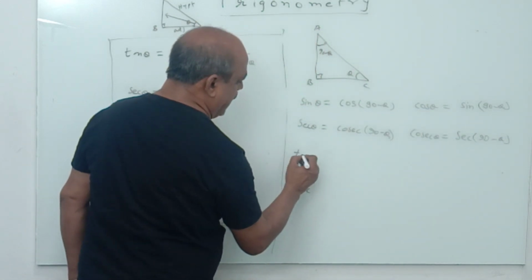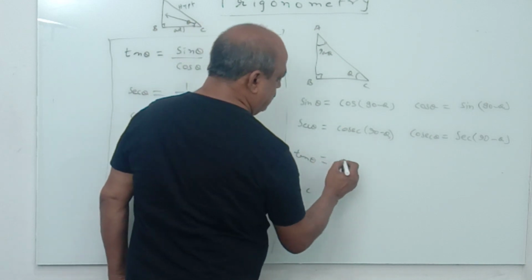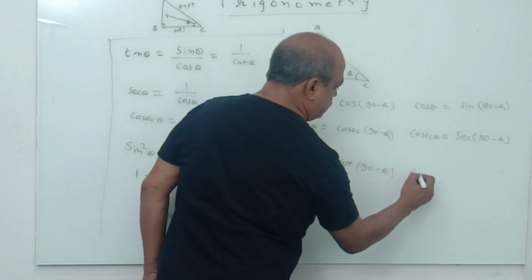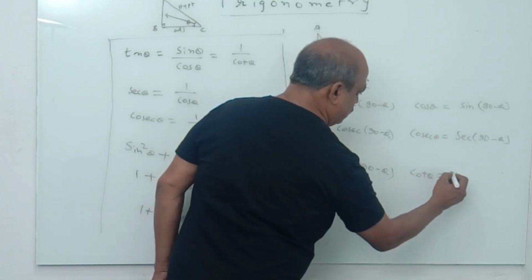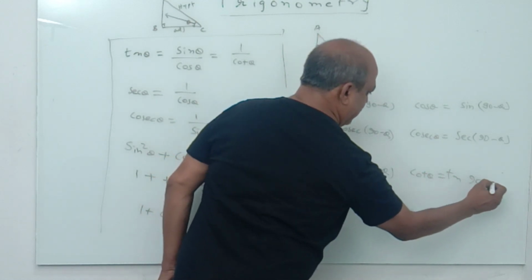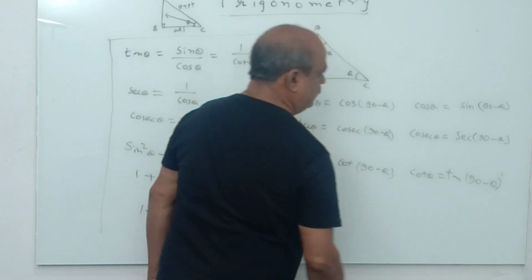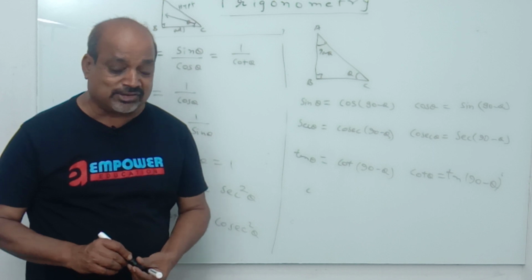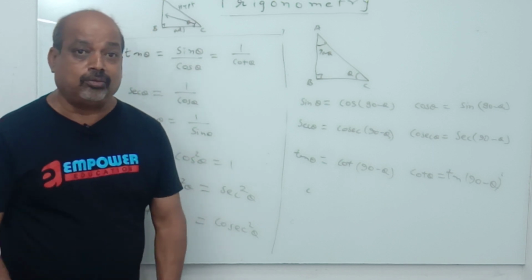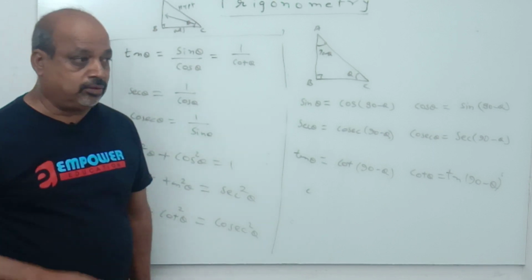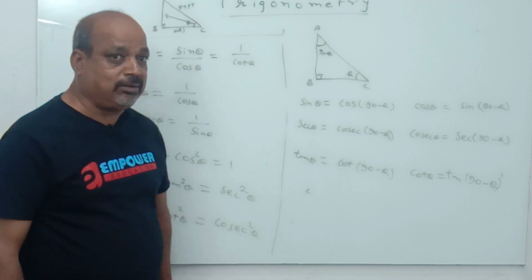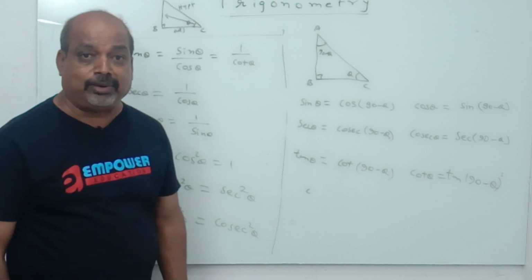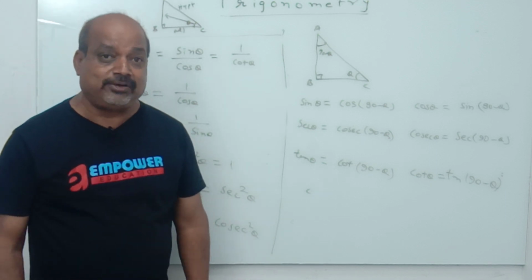Then we can write tan theta as cot of 90 minus theta, and cot theta is equal to tan of 90 minus theta. So these are the basic things that you must learn before starting trigonometry. You have to write that table a minimum of 3-4 times. Then the topic trigonometry will become very easy for you.